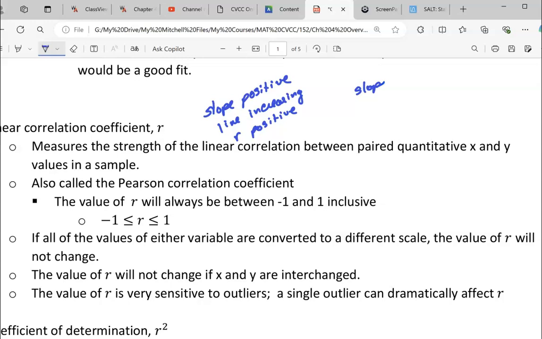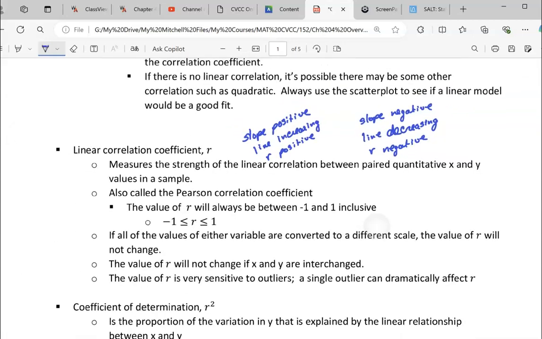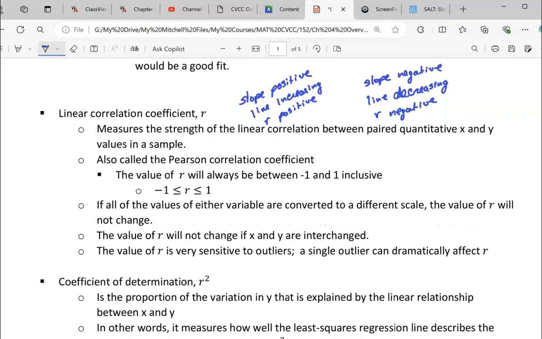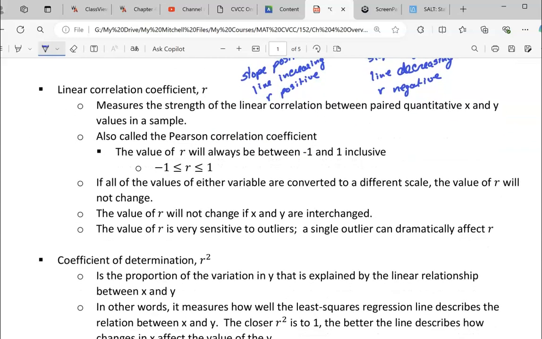If the slope is negative, that means the line is decreasing, which means R is going to be negative. So the sign of R is in relation to the sign of the slope. But that R value will always be between -1 and 1.